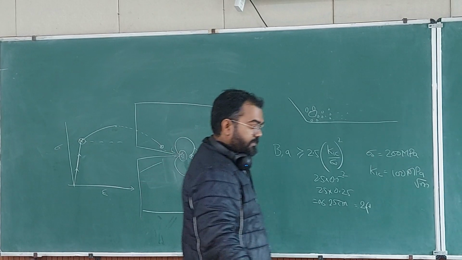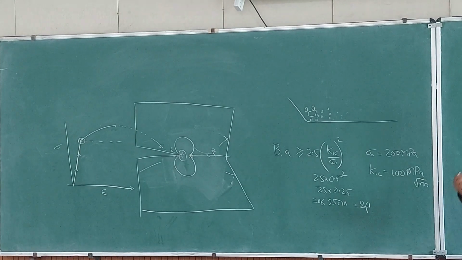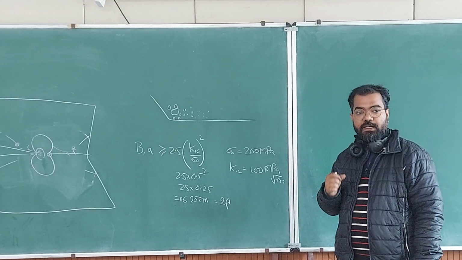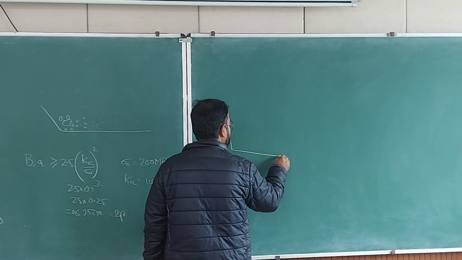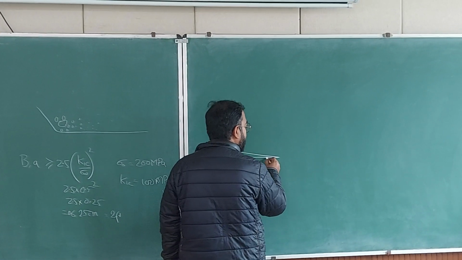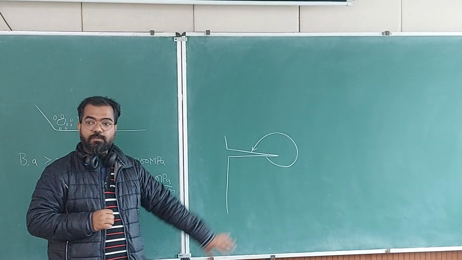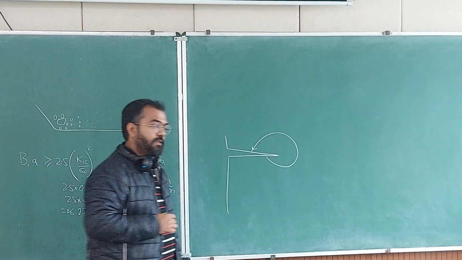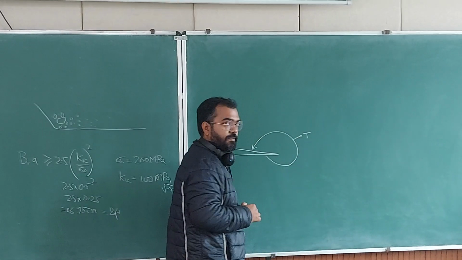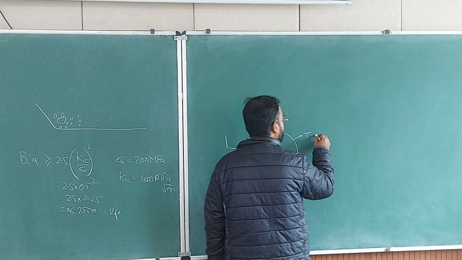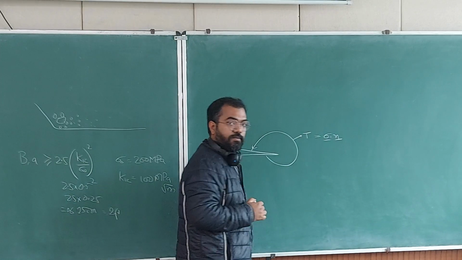Okay, so a person comes from a background of mechanical engineering and is good in mathematics. He takes a small piece at the crack tip out, and when you take it out you have some traction on it. Traction is a vector which is simply the dot product of the tensor and the normal vector.